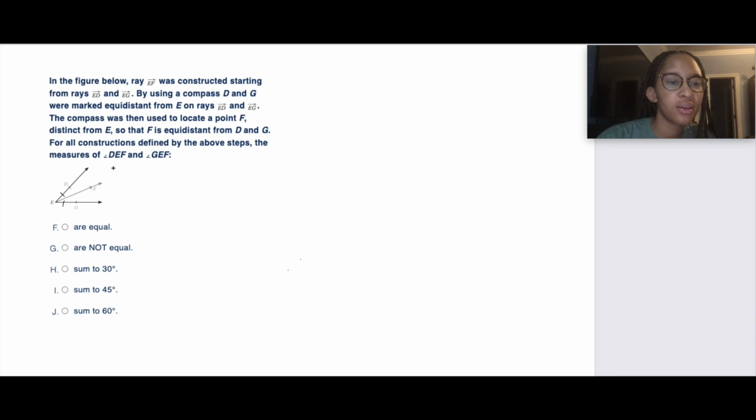That's the first thing we got, and I'll just use this little tick mark for congruent.